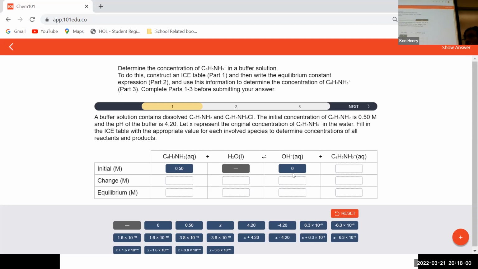It says let X represent what? The original concentration of, so which is the same thing as this, right? Because the chlorine just brings it to the party, right? So then we want X to represent that. Okay. And so what is going to be our change?